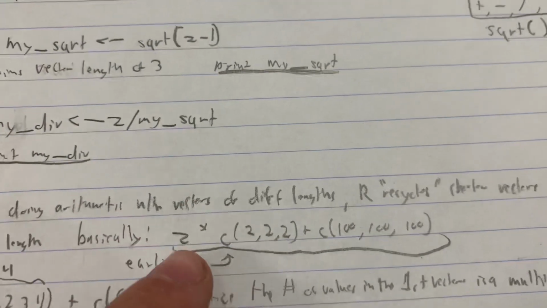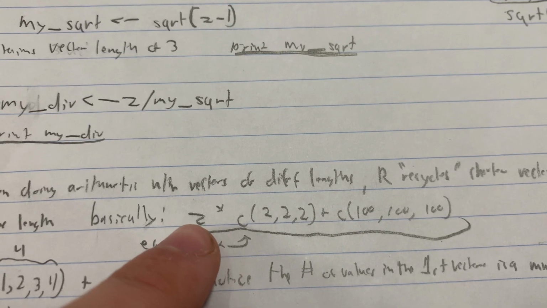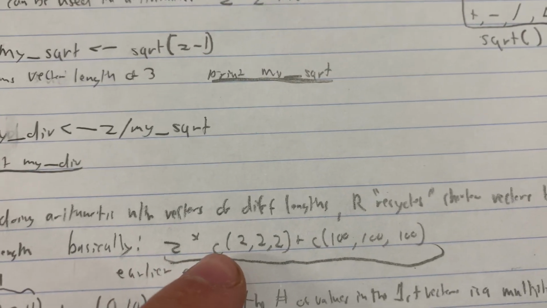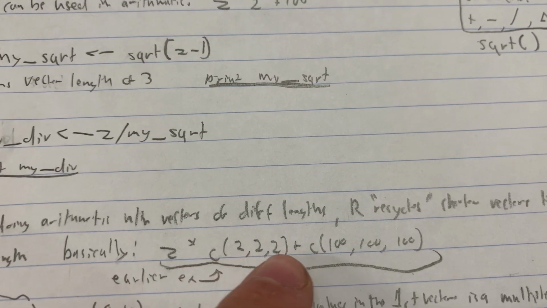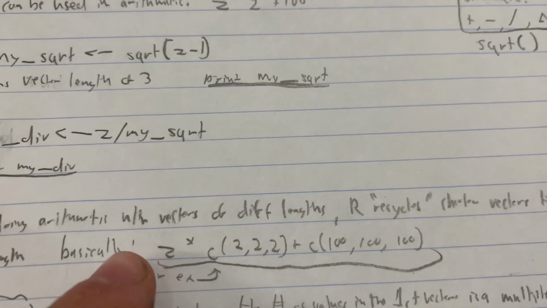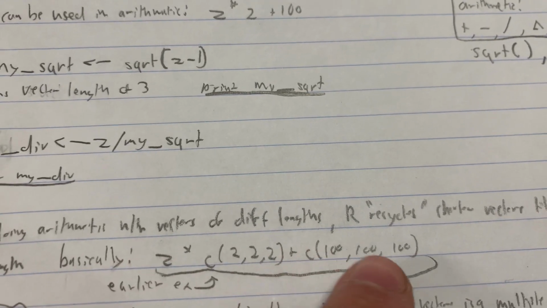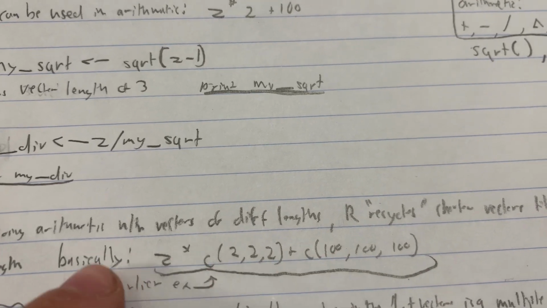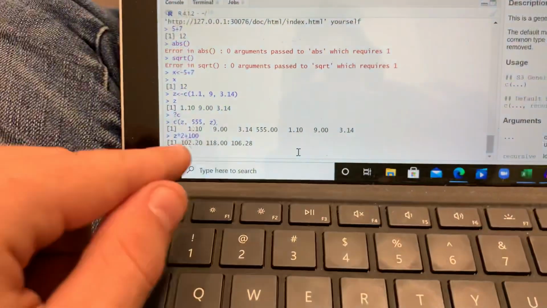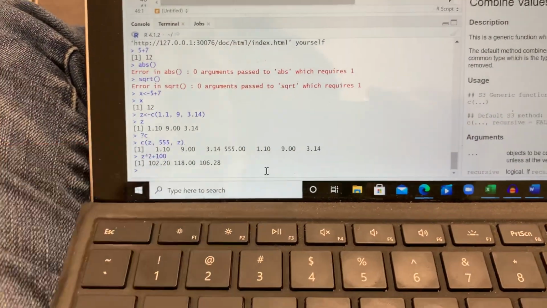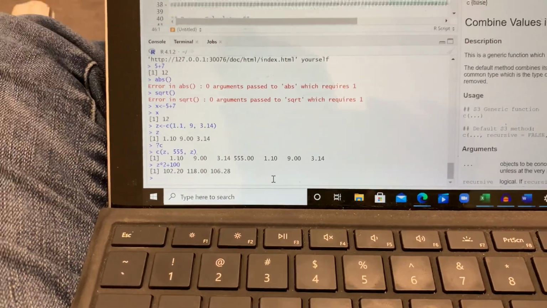So we have our Z, which is 3 values, times, then it creates a vector of just that 2, 2, 2, 1 for each value of Z, plus 100, 100, 100, 3 values for each value of Z. And that's how RStudio comes up with these 3 numbers. That's kind of how to think about this.